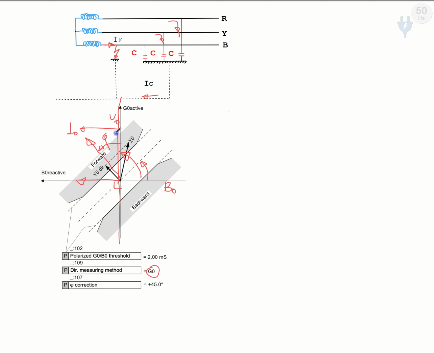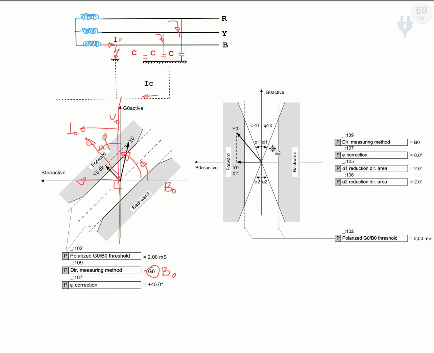Here we are discussing Y0, of course, instead of I0, and this value is about the sine. So before we were selecting the cosine, now instead of G0 we are using the method of measuring B0.